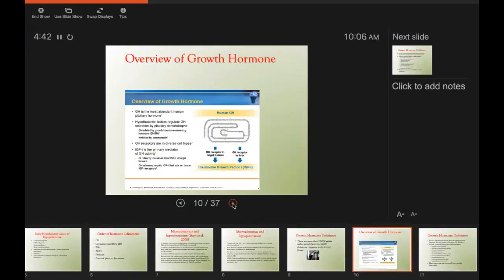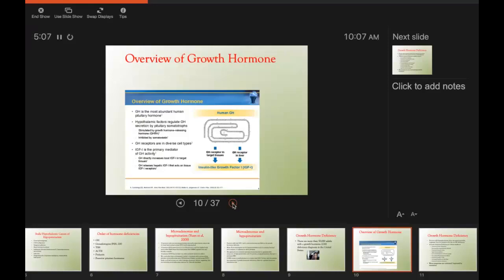Growth hormone is the most abundant pituitary hormone. Hypothalamic factors regulate growth hormone secretion by the cells in the pituitary called somatotrope cells that make growth hormone. It's stimulated by growth hormone releasing hormone and inhibited by somatostatin. Growth hormone receptors are on all different types of cells. Growth hormone goes to the liver to make IGF-1, and it also makes IGF-1 in target tissue.